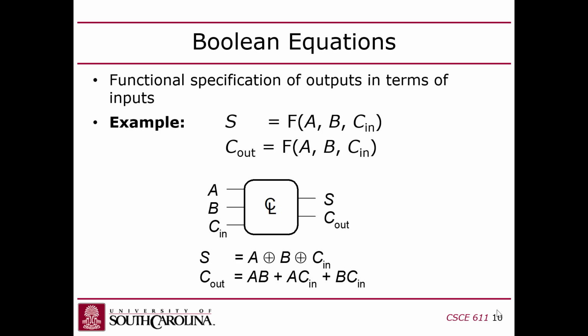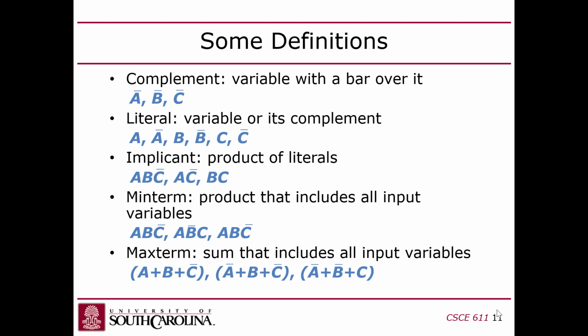The right-hand side has the inputs, and the left-hand side is the output. So S is an output, C out is an output. They appear on the left-hand side. A, B, and C in are inputs. They appear on the right-hand side. And in this case, S is A XOR B XOR C in Boolean logic. So that's one way to specify the function.